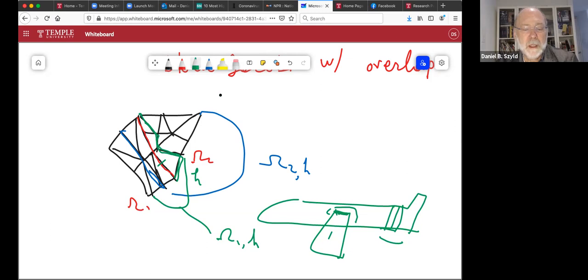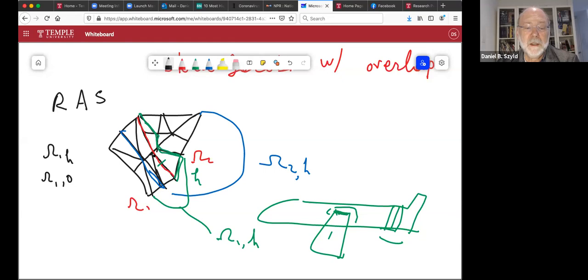Okay, but here is again the issue that I showed earlier. If you want to do RAS, restricted additive Schwarz, you solve on omega 1 with overlap, you get a solution on the overlap. Then you throw away the information here and only keep the information from omega 1. Omega 1 is the same as omega 1, 0, right?